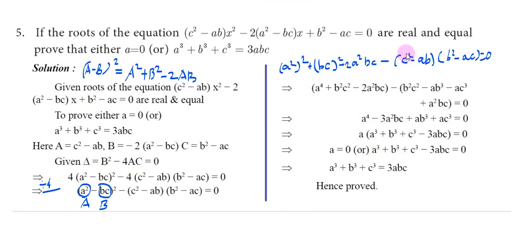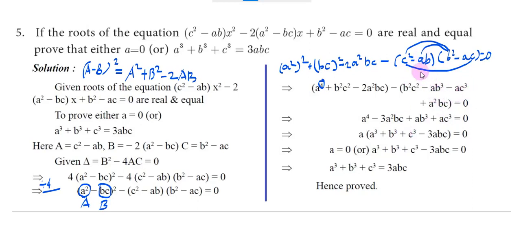Multiply c² into b², so b²c². Now multiply −ab into b², so −ab³. Again multiply c² with −ac, so −ac³.